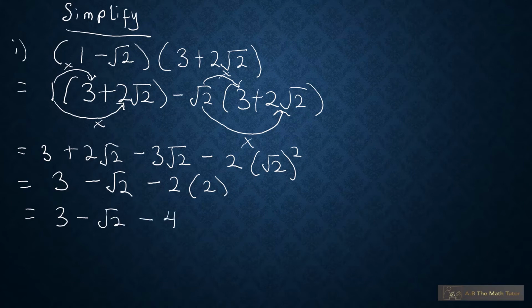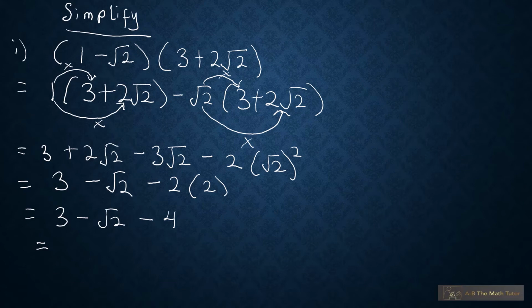We have to group like terms because remember, this is a whole number, this is a surd, and this is a whole number. And since we are dealing with the subtraction of surds in this particular line of the problem, we will have to group the whole numbers at one end and the surds at one end.